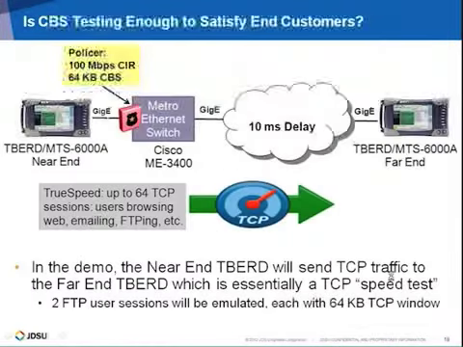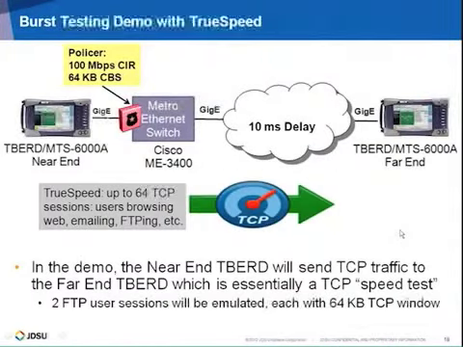I want to show you what we're going to do next. So in the previous demo, 2 JDSU T-Bird 6000s were communicating through a Cisco MEF standard switch. And again, the policers are configured for a CIR of 100 meg, so really nothing's changed here as far as the configuration. It's identical, but instead of running just the RFC 2544 with CBS option, this time we're going to run live TCP traffic.